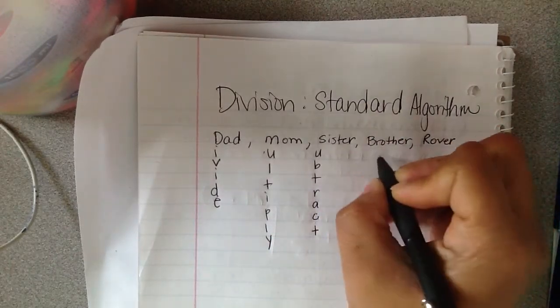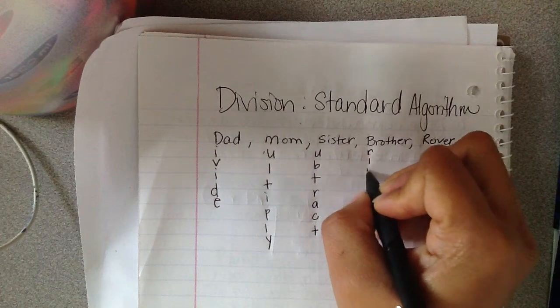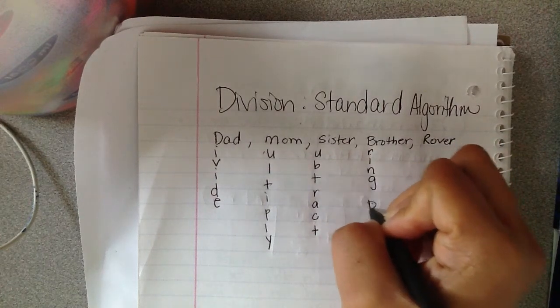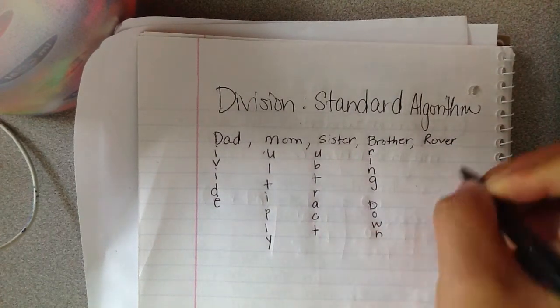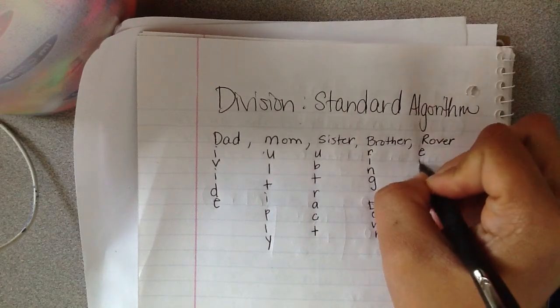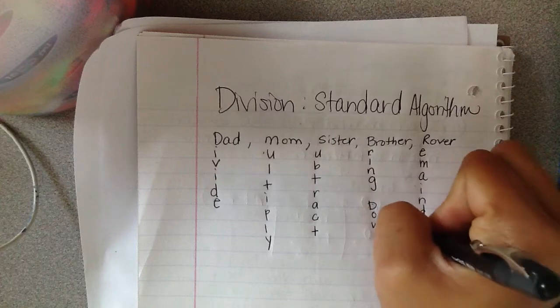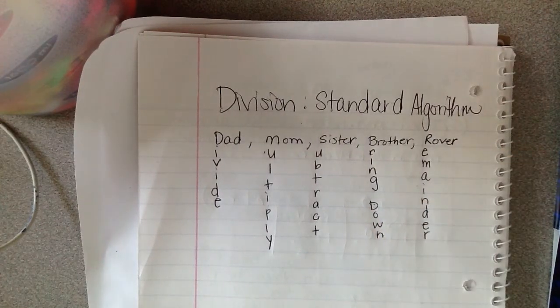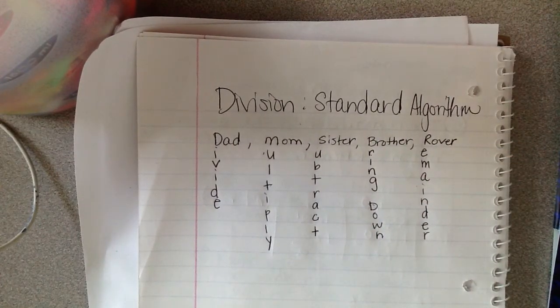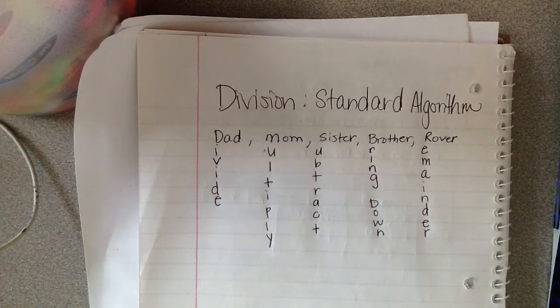The B in Brother stands for bring down. And the R in Rover stands for remainder. Now, we have to include all of these family members when we divide. We can't leave out any of these family members as we're in the process of long division.